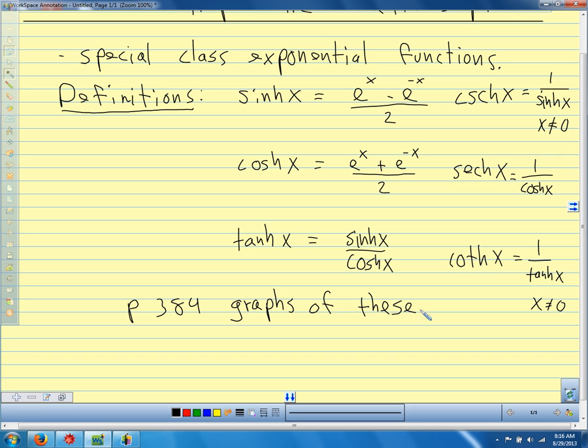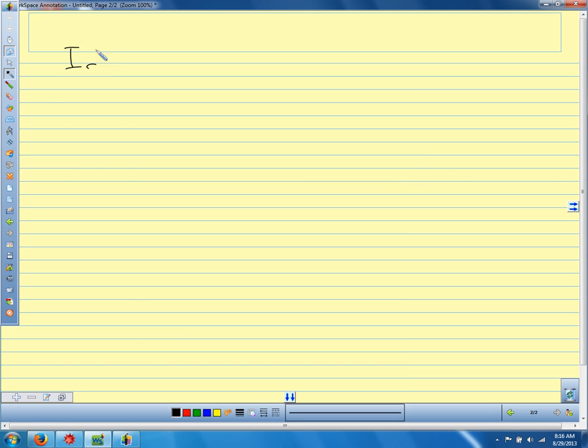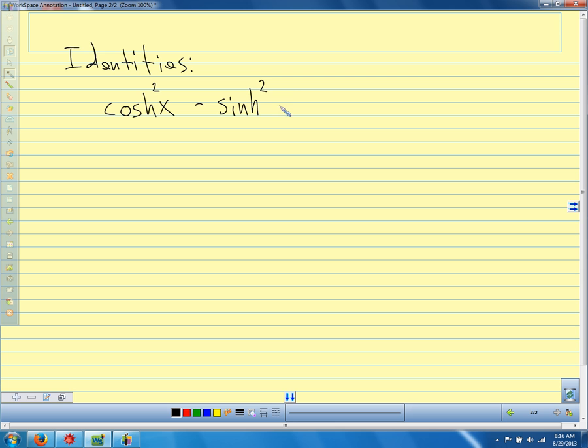So one reason we relate them to the normal trig functions is they have some identities that are very similar to trig function identities. So let's look at some identities. We're going to look at hyperbolic cosine squared of x minus hyperbolic sine squared of x.